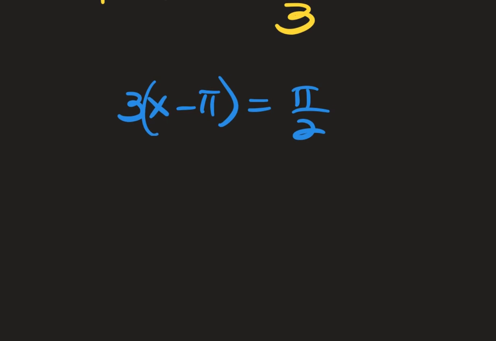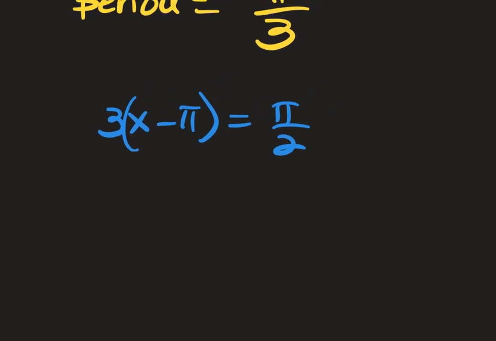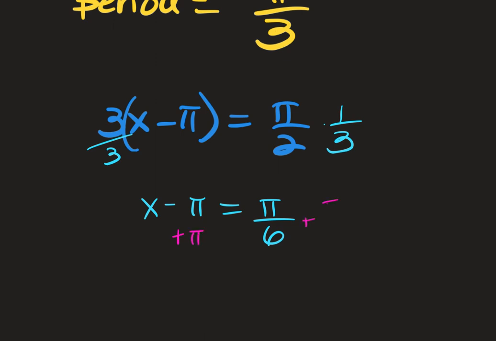So I can either distribute that 3 in, or I could divide by it first. So divide by 3 or multiply by 1/3 here, and I get x minus pi equals pi over 6. And then add pi. And I'd get x equals 6 pi over 6 plus pi over 6, which is 7 pi over 6.